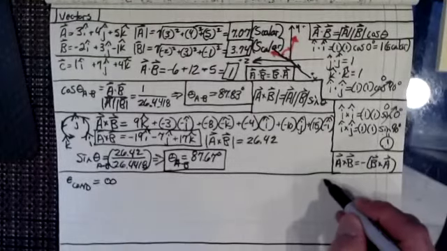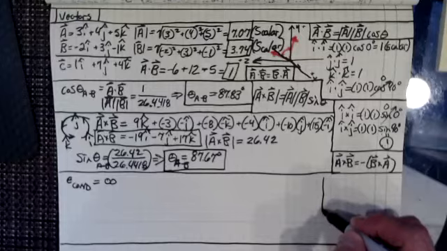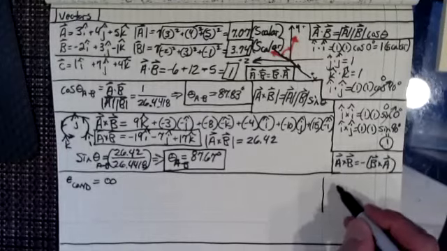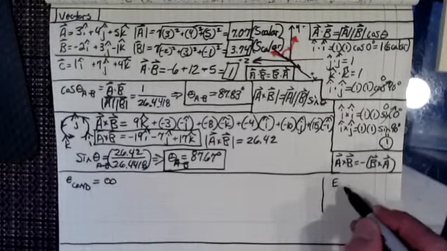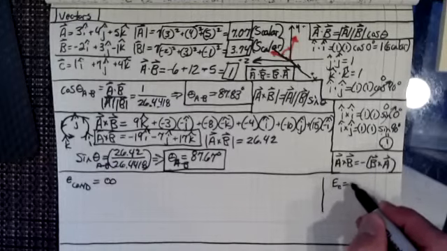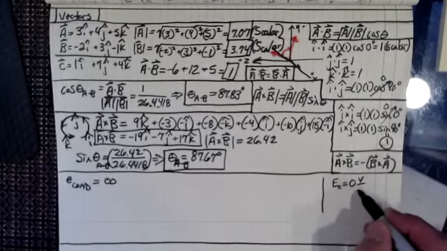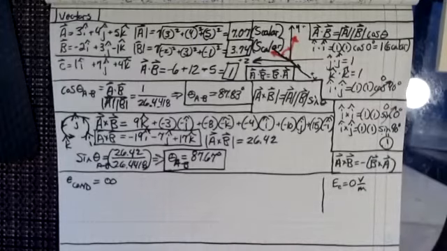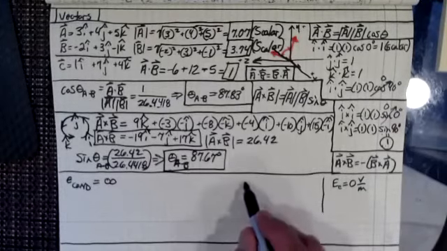I know because the electric field in a conductor always equals 0 volts per meter. You can't have an electric field in a conductor, can you? Because let's say that I had a conductor, I'm just going to draw this up here.